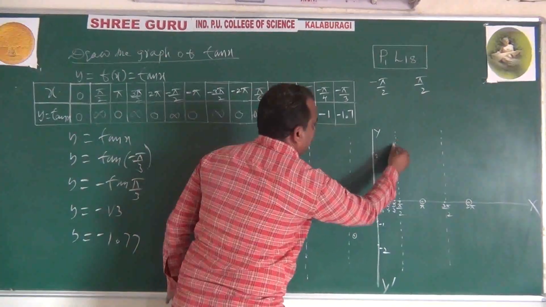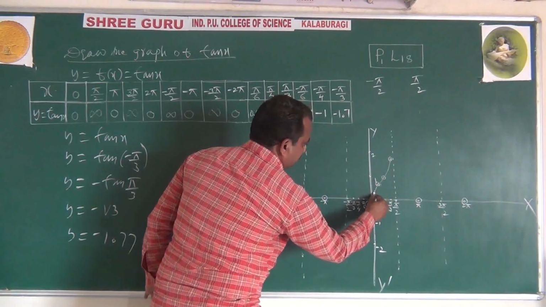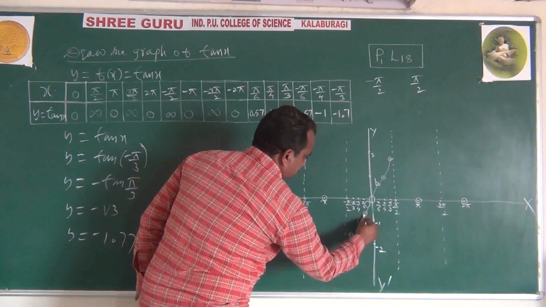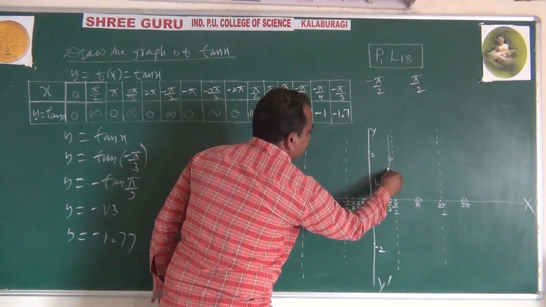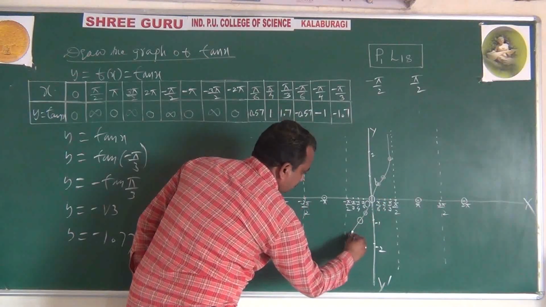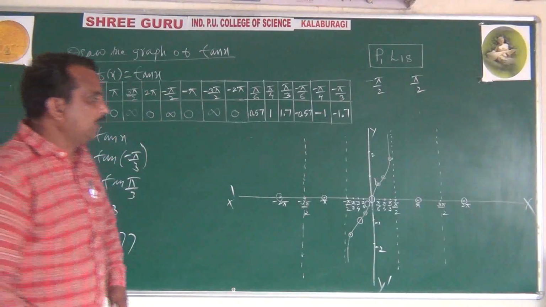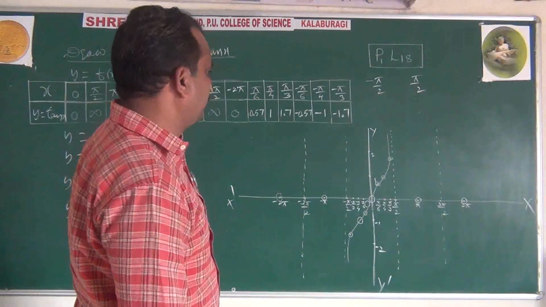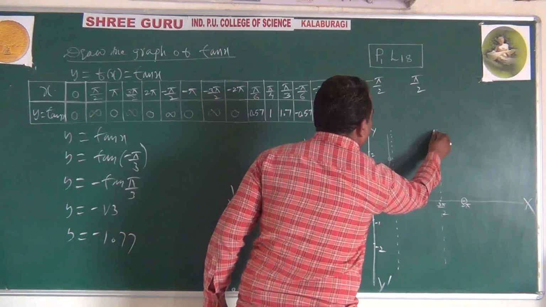Let us take the line again. Yes, like that I will join here. This type of graph in between the lines here, you get the graph, students. Then similarly here I will draw for these two intervals.